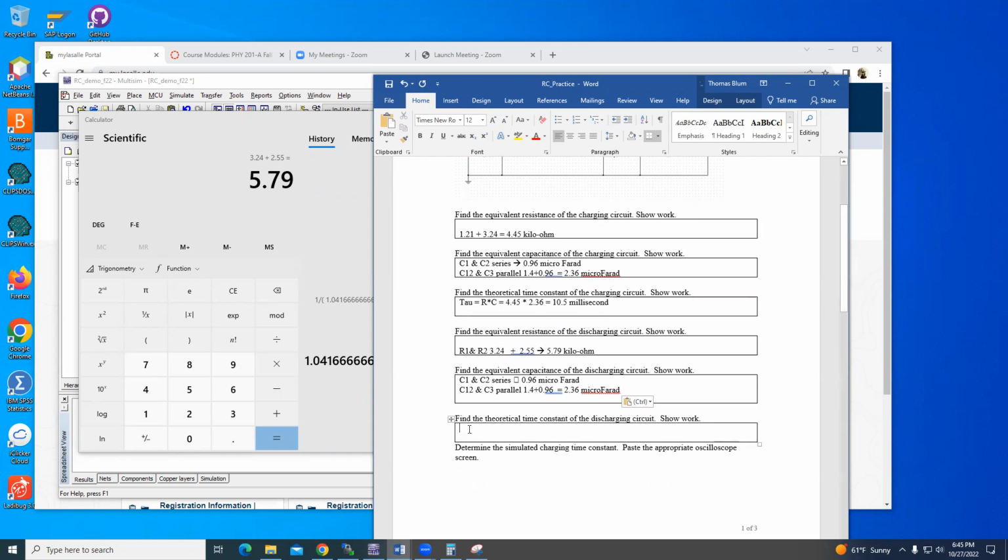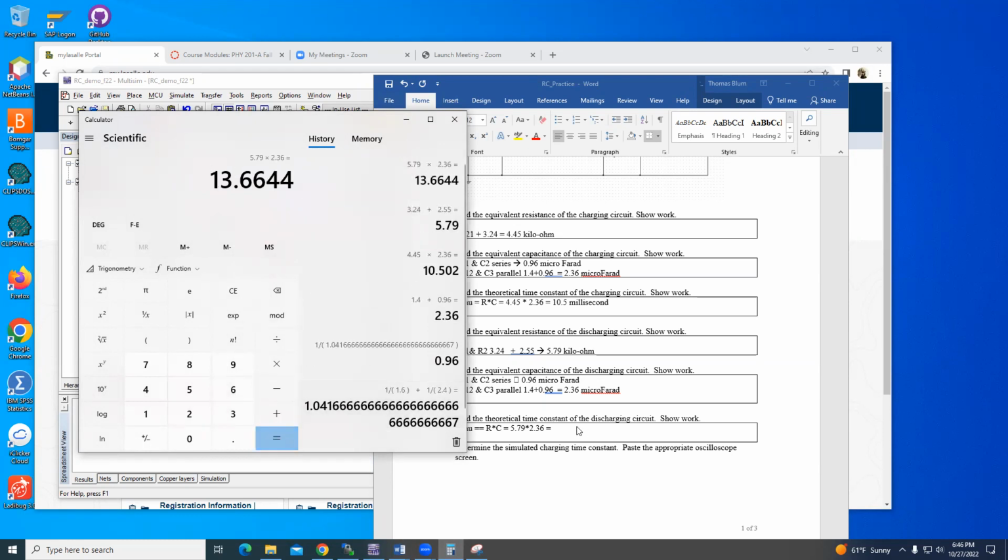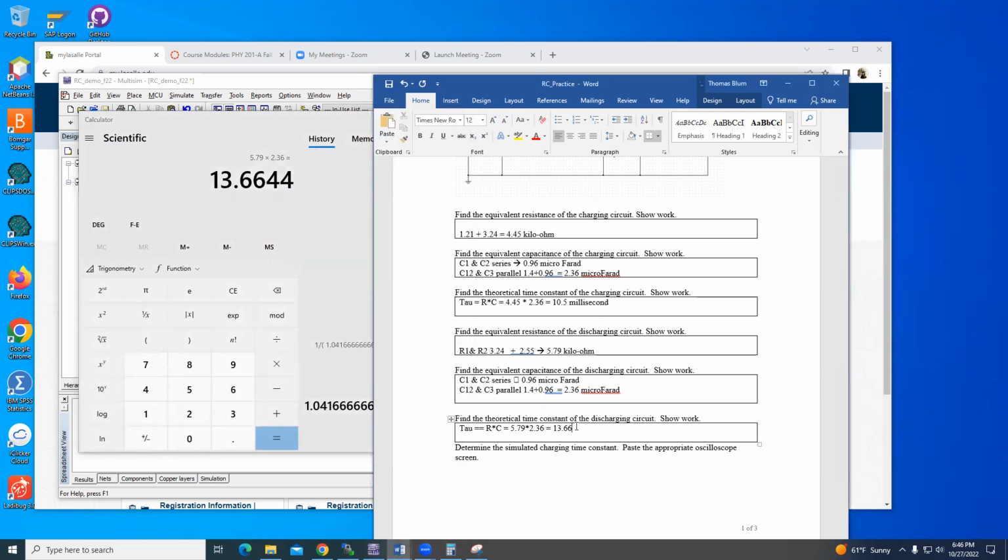But you should have a hint that you're wrong if you don't match the simulation. And then the time constant tau is again still R times C. And that is 5.79 times 2.36. 5.79 times 2.36. 13.66 or something milliseconds.